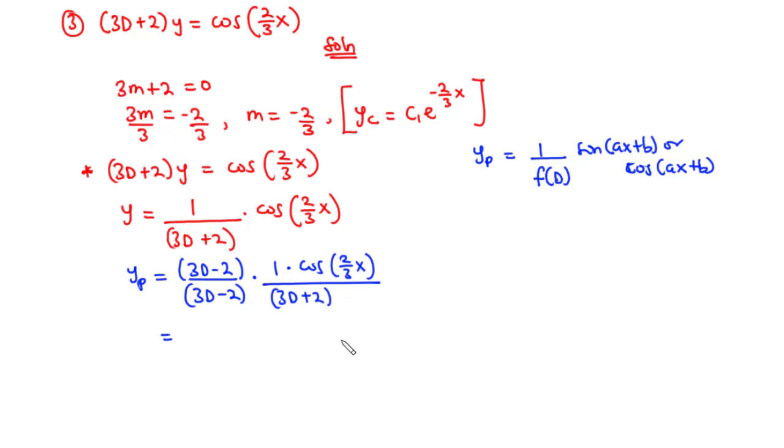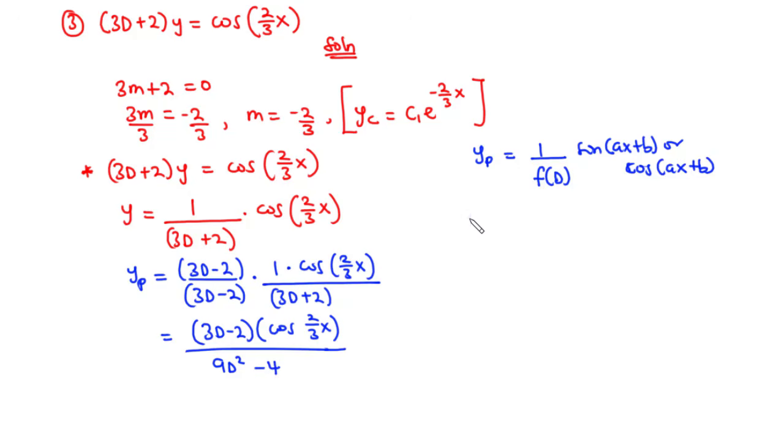So let's multiply across. At the numerator, we have 3D minus 2 all times cos 2 over 3 x, all divided by 3D times 3D, we have 9D squared, 3D times 2 plus negative 2 times 3D cancel out, and then we have negative 2 times 2, which is negative 4.